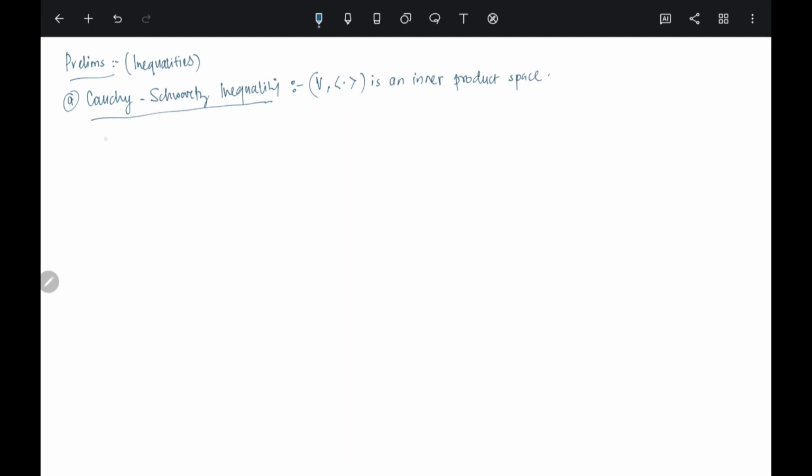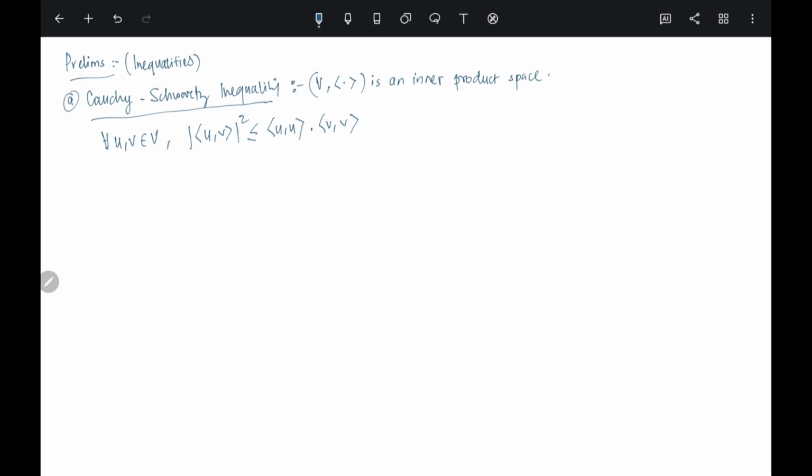For all u and v in V, so you start with any two vectors u and v in V, this inequality should hold. The square of the inner product of u and v should always be dominated by the inner product of u and u times the inner product of v and v. This is what the Cauchy-Schwarz inequality says, and it's very simple.